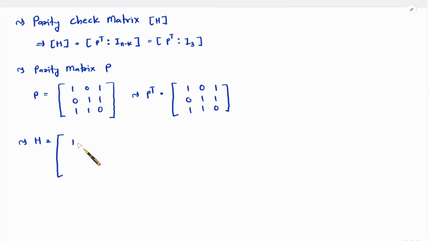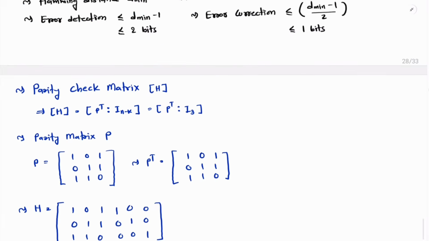Let me note it down. 101, 011, 110. And then we have identity with 3 rows. So with this identity, we have 1 1 1 diagonally and other bits are zeros, right? So that is how one can calculate the parity check matrix. Now we have the parity check matrix. So one can resolve error using the parity check matrix.